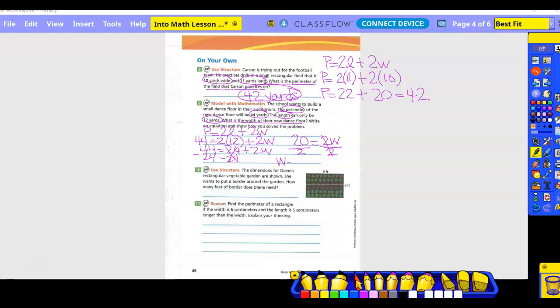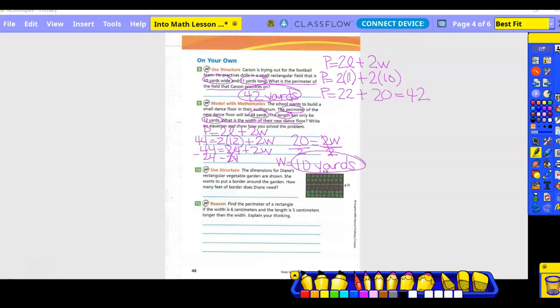So W equals, what's 20 divided by 2? What times 2 gets you 20? 10. And what's my label? Yards. So 10 yards is my answer.